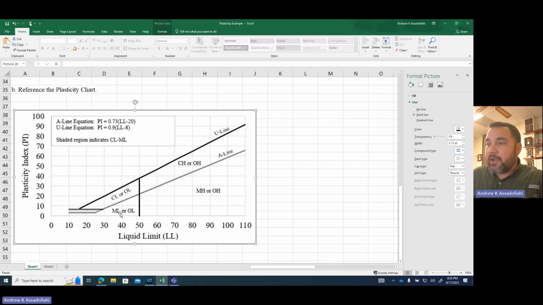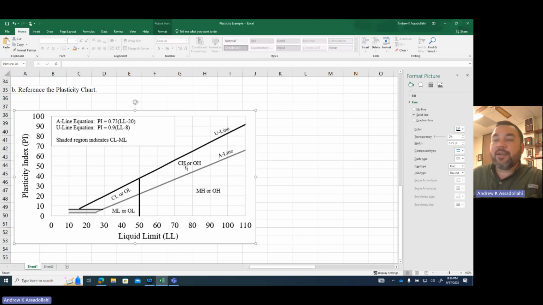What about this zone down here? M stands for silt, okay? Now, if you have a CL or an ML, again, that's a clay of low plasticity or a silt of low plasticity, and these would be inorganic. If it's organic, it's going to start with a letter O. So down here, an OL again would be an organic silt or clay of low plasticity.